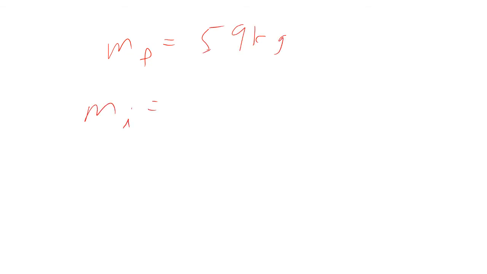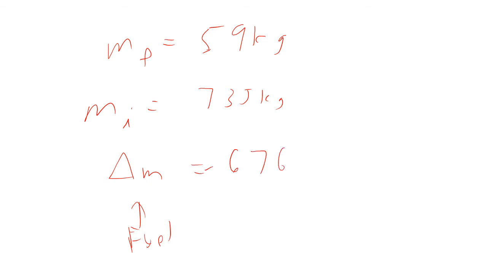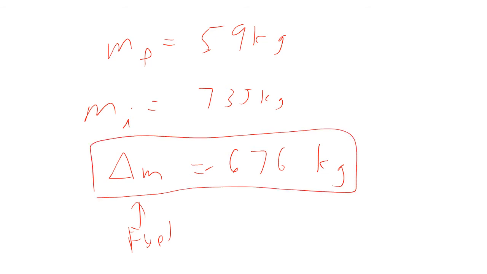Remember, M initial was 735 kilograms, so your delta M, that's your fuel. That's the fuel that you expended right here. That was 676 kilograms that you expended. And so that means almost all of your spacecraft was fuel.